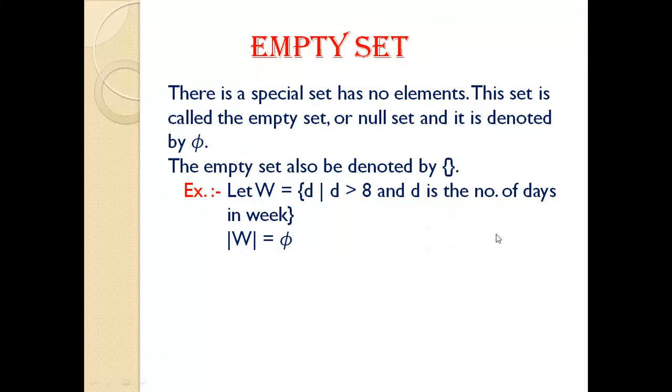A nice example of an empty set: D greater than 8 where D is the number of days in a week. There are 7 days in a week, but here we see 8 days in a week. That's why it is an empty set. In this way also we denote our empty set, like parenthesis.